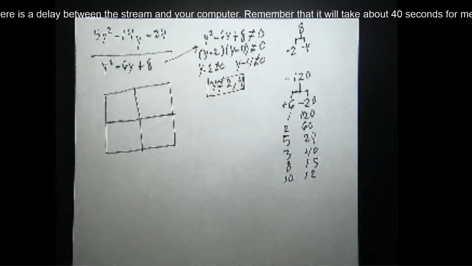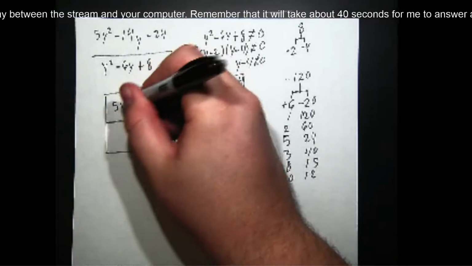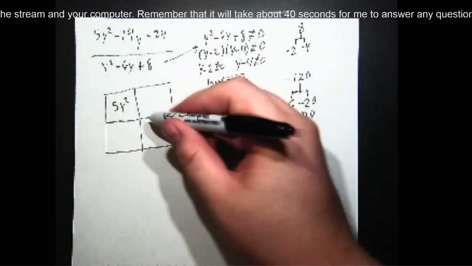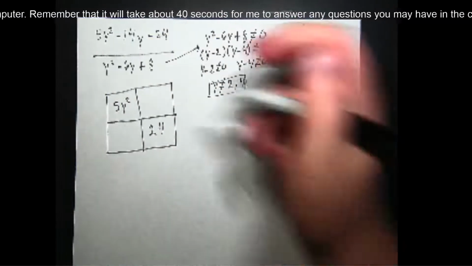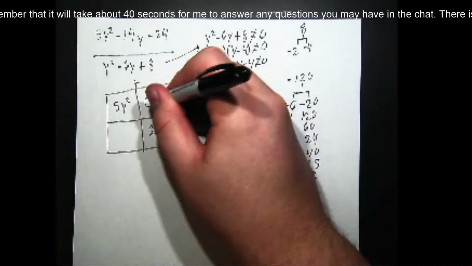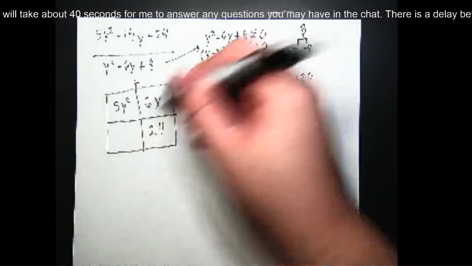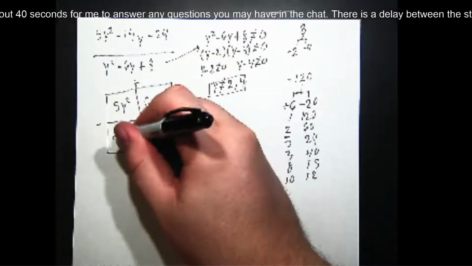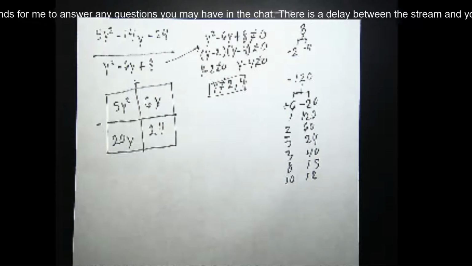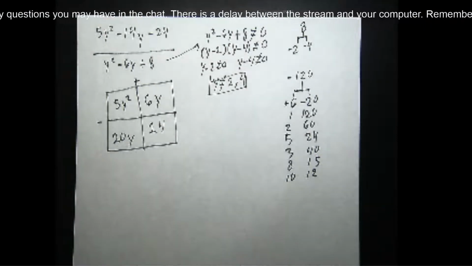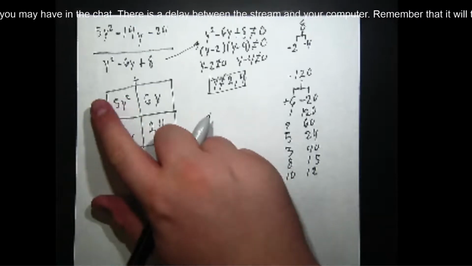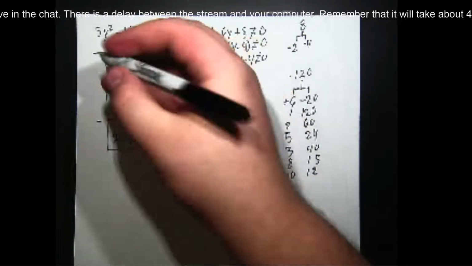And throw those terms in there. So 5y squared goes there, 24 goes here, and then let's say positive 6y goes here, and then negative 20y goes there. Okay, so what can come out of this first row? Yeah, we can take out a y.